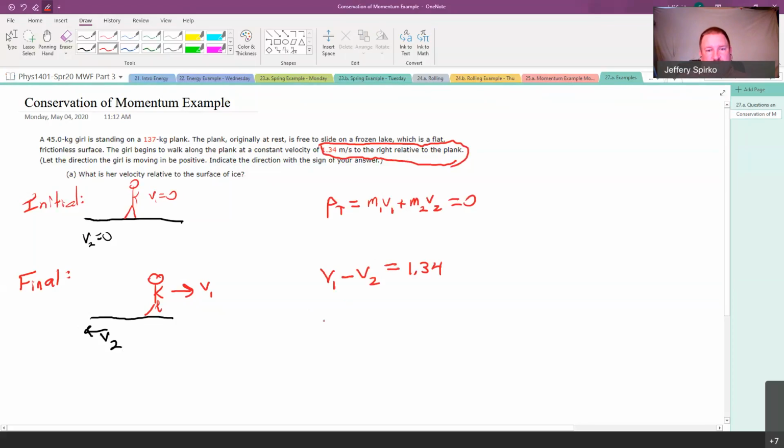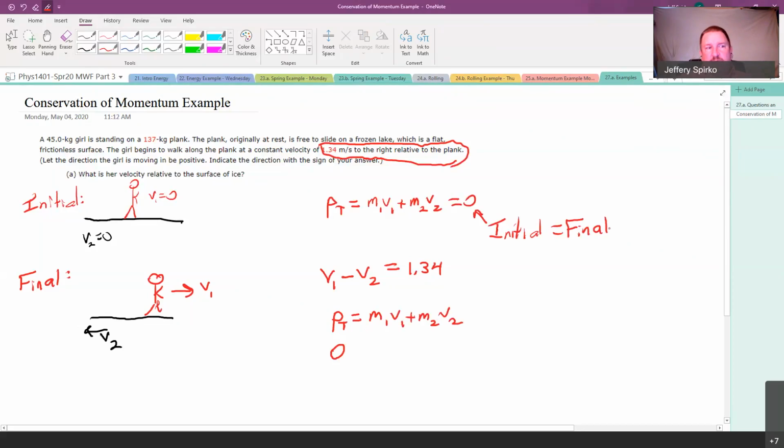We know that p total is equal to m1 v1 plus m2 v2. Well, let's fill in all the numbers in this equation that we know. We know that p total is 0 because it was 0 before, and now we're in the final state.